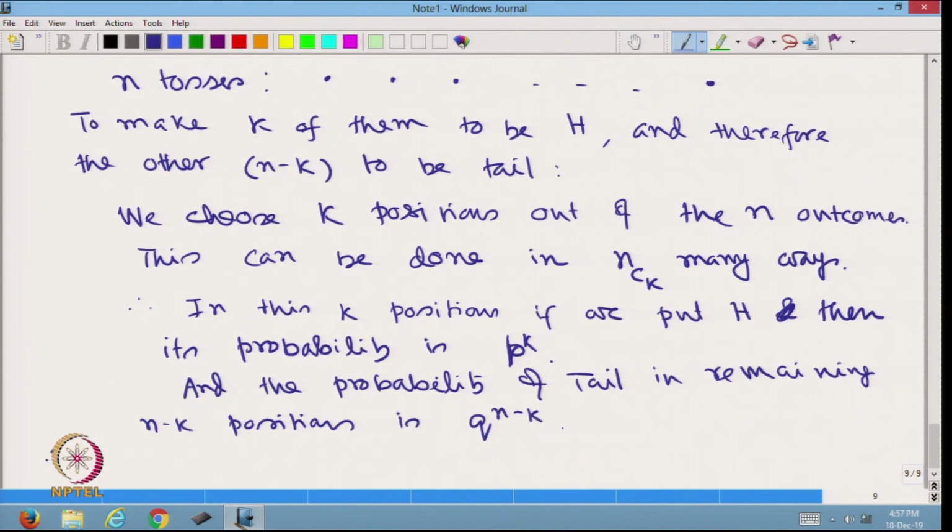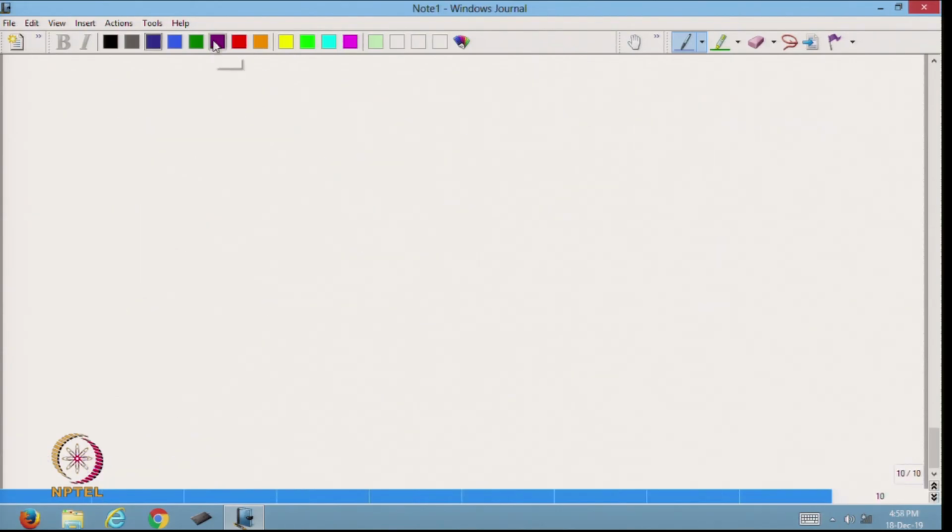Therefore, together probability x is equal to k is equal to n c k p to the power k q to the power n minus k.